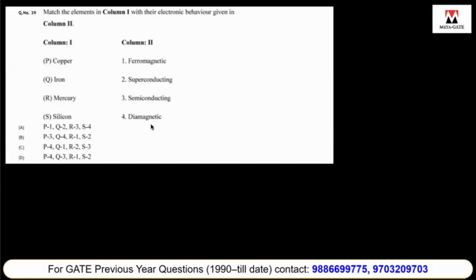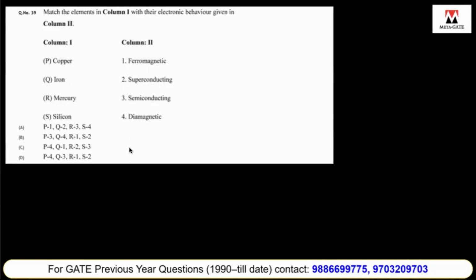So if you see the options, you need to see column one under electronic behavior: copper, iron, mercury, silicon; and ferromagnetic, superconducting, semiconducting, and diamagnetic. Copper is diamagnetic.